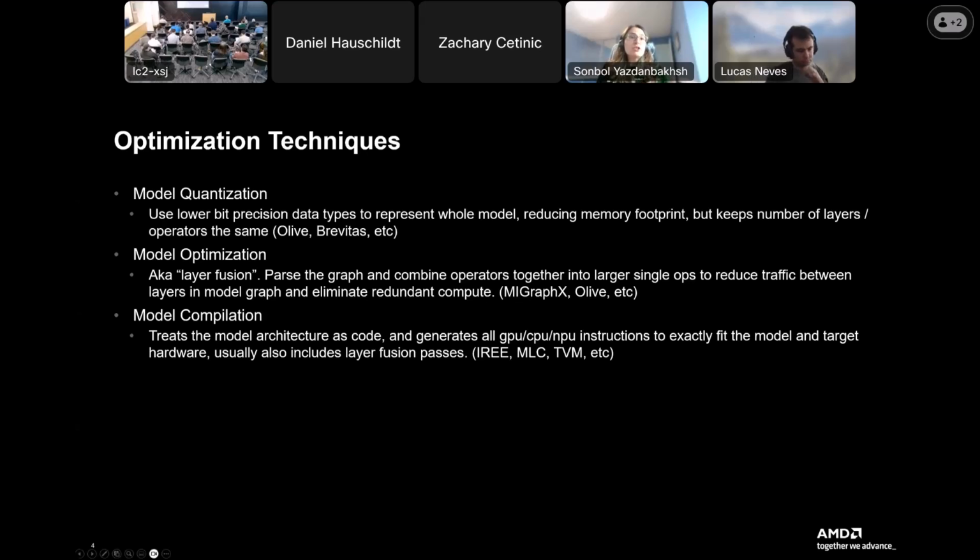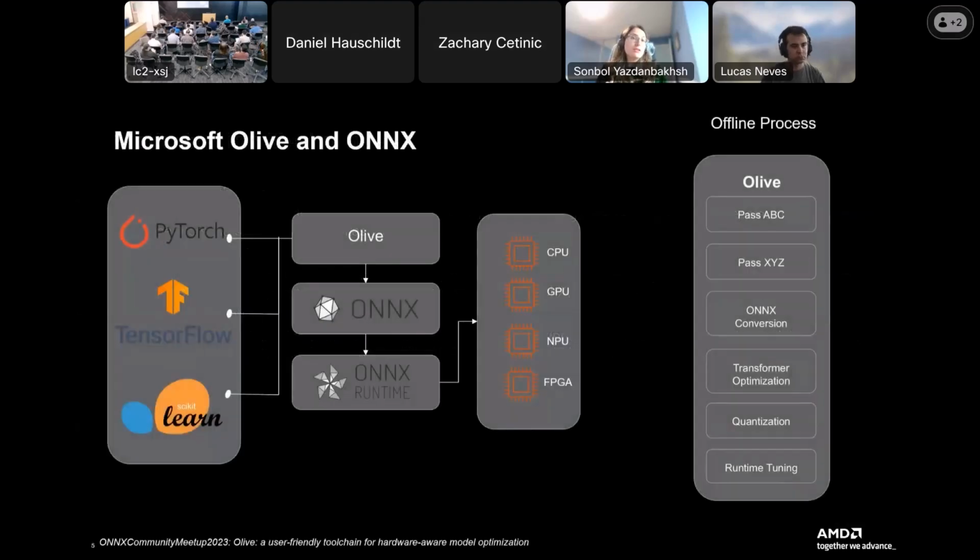Usually in this compiler optimization, we have layer fusion. There are IREE, MLC, and TVM as some examples. But for the experiments that we have done, we focus on model quantization and optimization. So let's go through and see what Olive is and how it works.